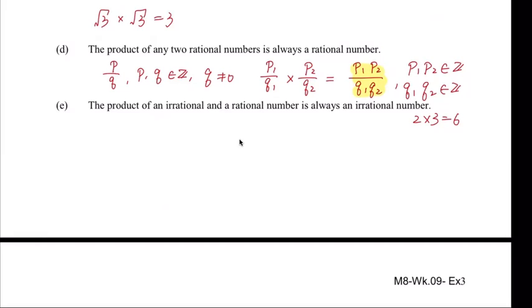E, the product of an irrational number and a rational number is always an irrational number. This is true. Why? You can use the same proof that we used in D. This is a rational number times some kind of irrational number.